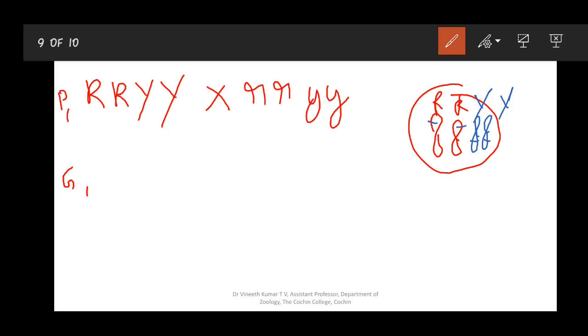This is an assumption that we make during this experiment: the genes for round and the genes for the color of the seed are present in different chromosomes. The pea plant is diploid, and hence each gene will be controlled by 2 alleles.